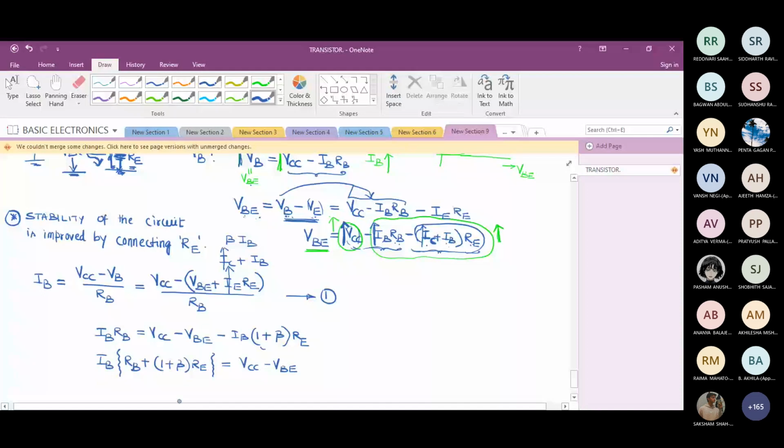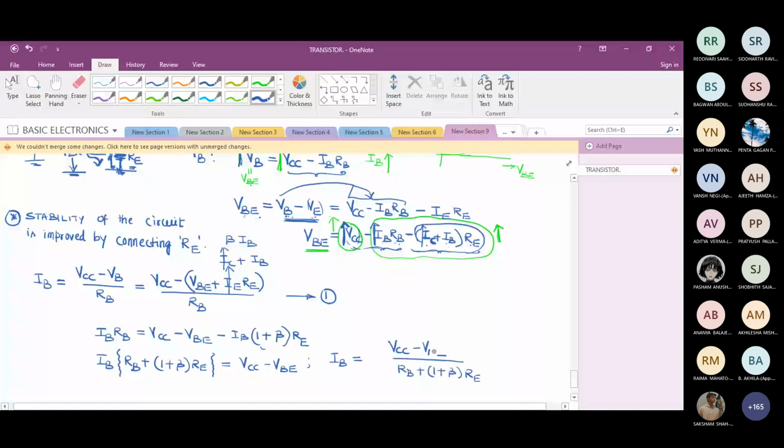So what is the base current IB now? VCC minus VBE divided by RB plus 1 plus beta times RE.